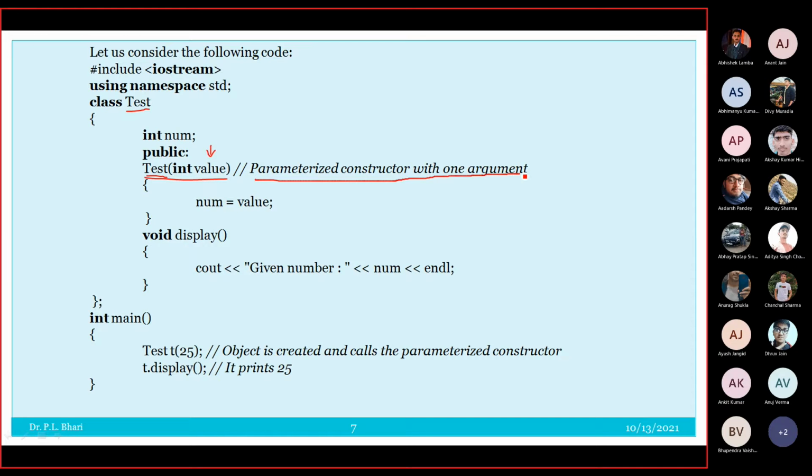You can see this. And this value is copied into variable num, that is the data member of the class. So whenever you create the object test t, you must pass the value of the parameter.